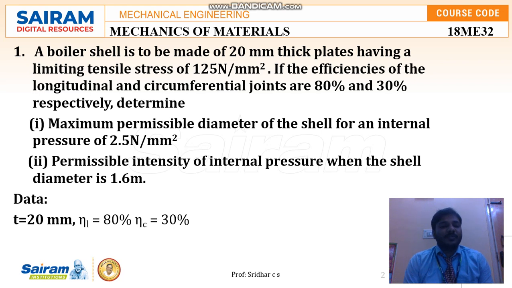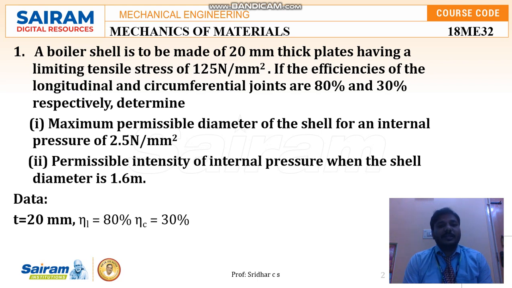In the second condition, the permissible intensity of internal pressure when the shell diameter is 1.6 meter, we need to find what pressure suits it. If you convert to millimeter, it is a 1600 diameter shell, and we need to find how much pressure it can withstand based on the given conditions.